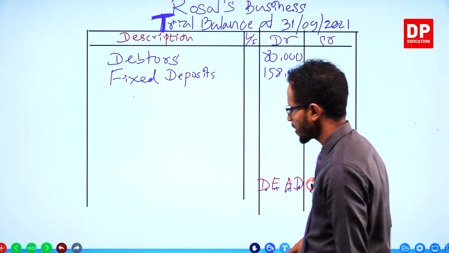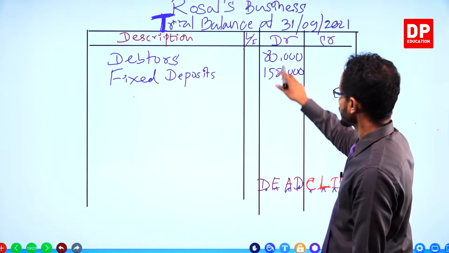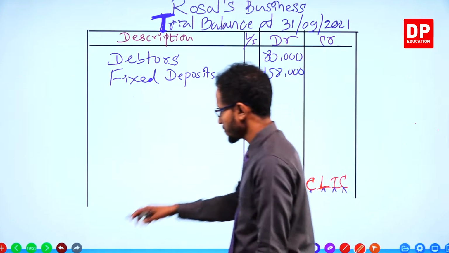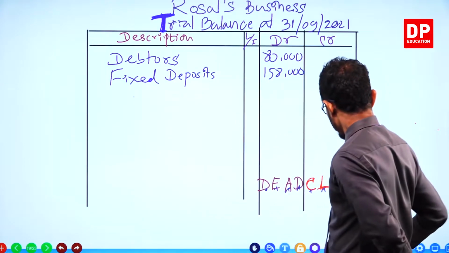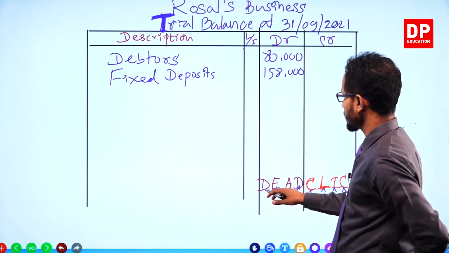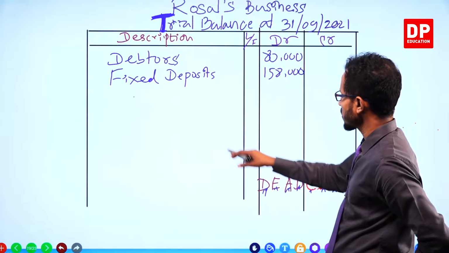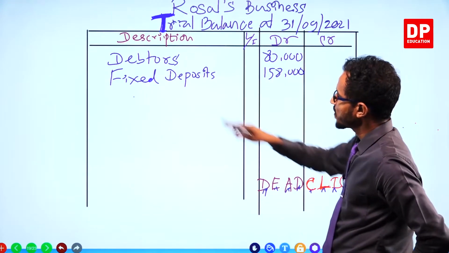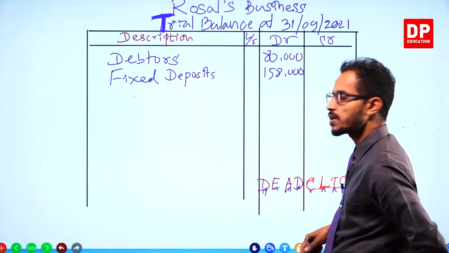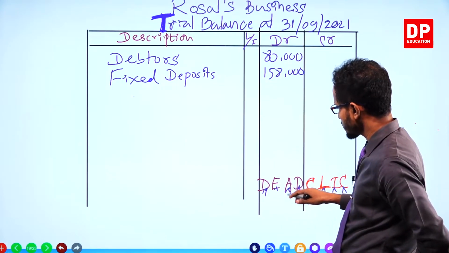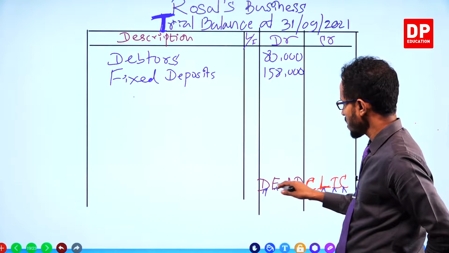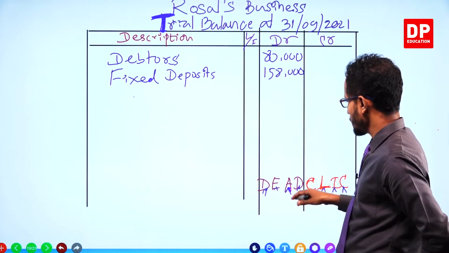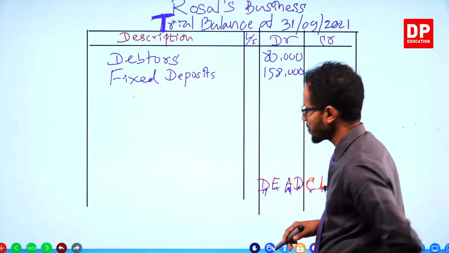Debtors accounts are debit, that's why the debtors balance is debited. Fixed deposits, why is it debited? Because fixed deposits are assets, and assets should be debited.